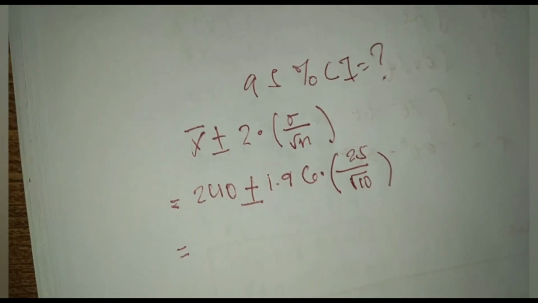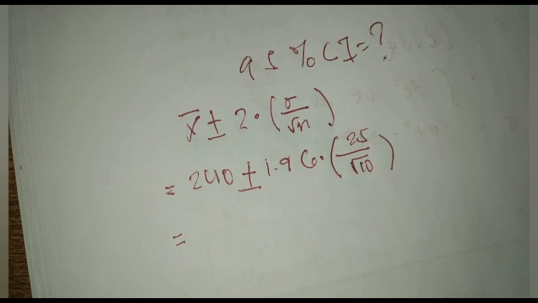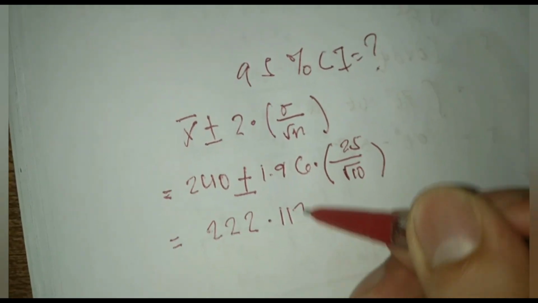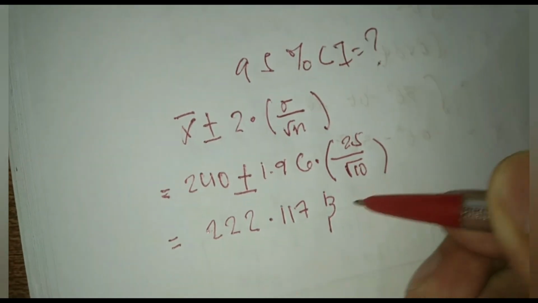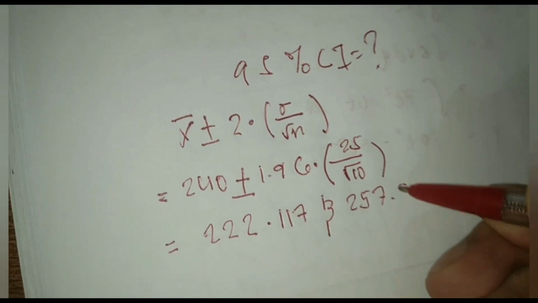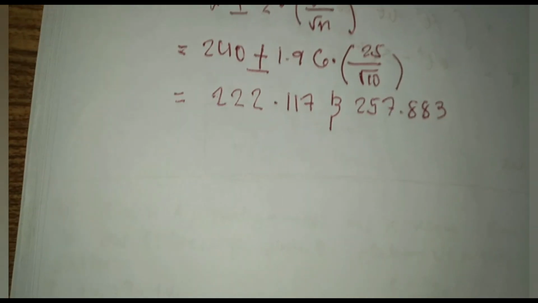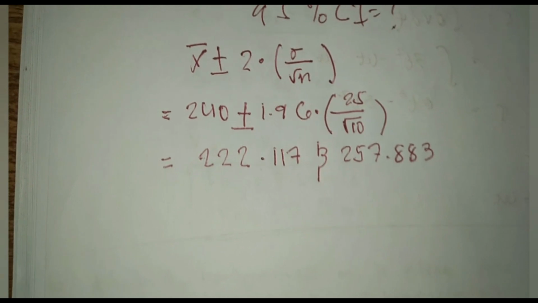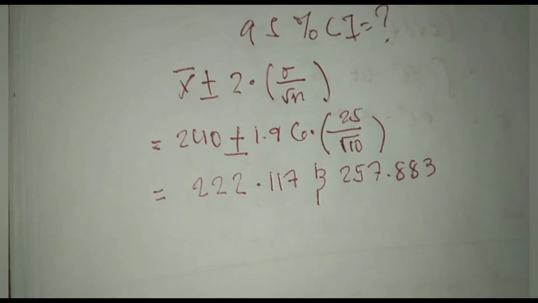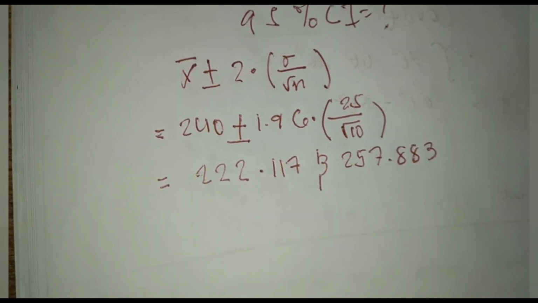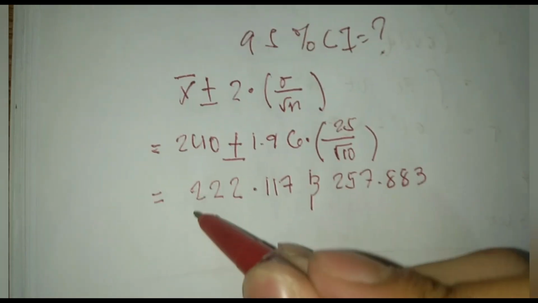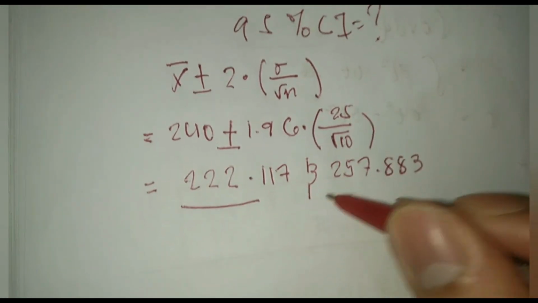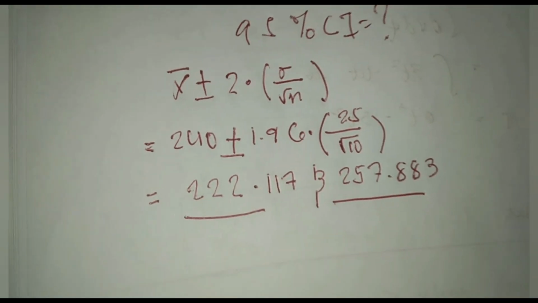Doing this on the calculator, we get the answers 222.117 and 257.883, which gives us the solution: we are 95% confident that the foot surgery patients' weight is between 222.117 pounds and 257.883 pounds.